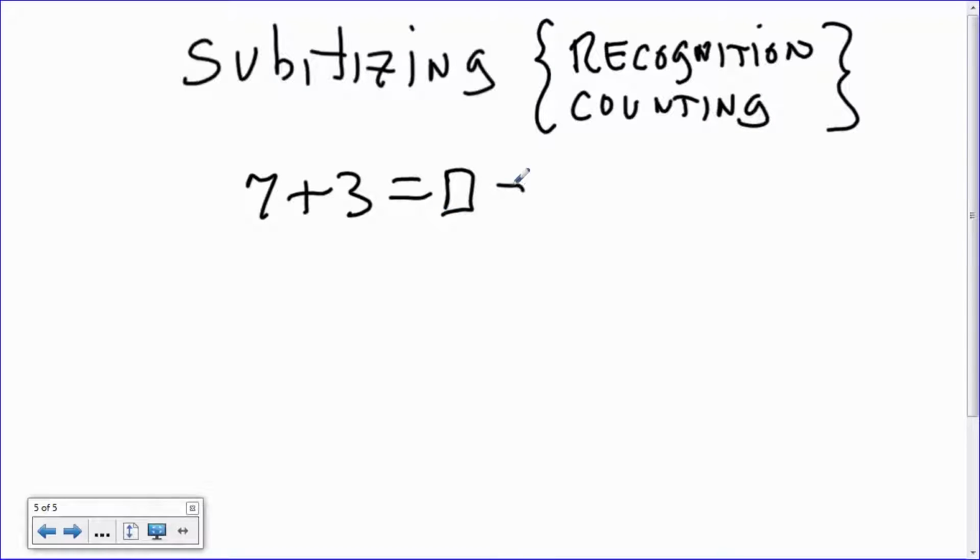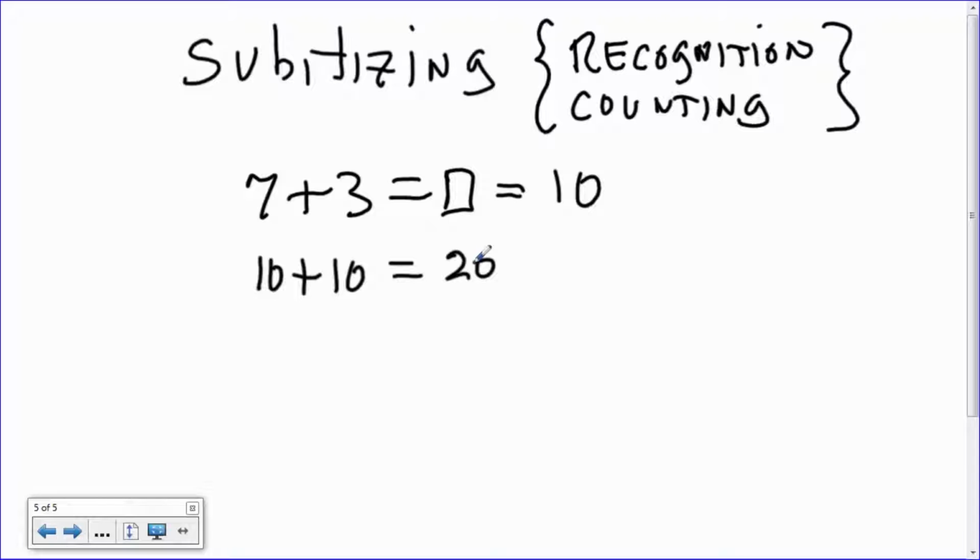We know that that's 10. It's a combination pair. We want them to see that 10 plus 10 is 20. They'll know that without doing any calculations. They know that's 20. So it's true for combination pairs.